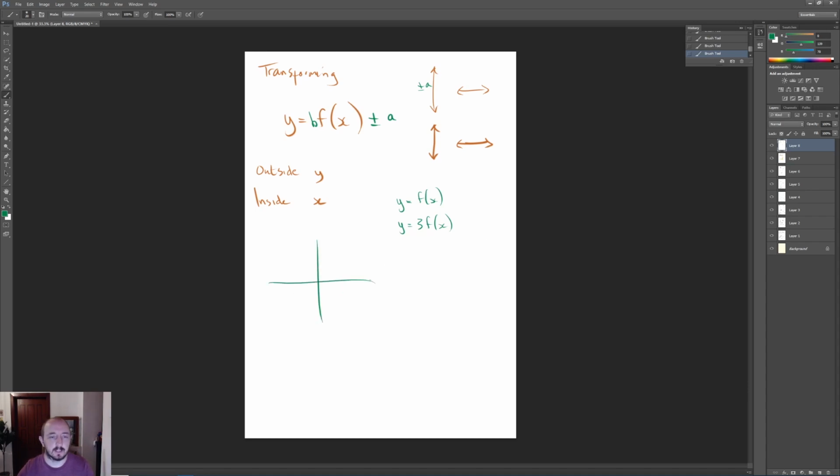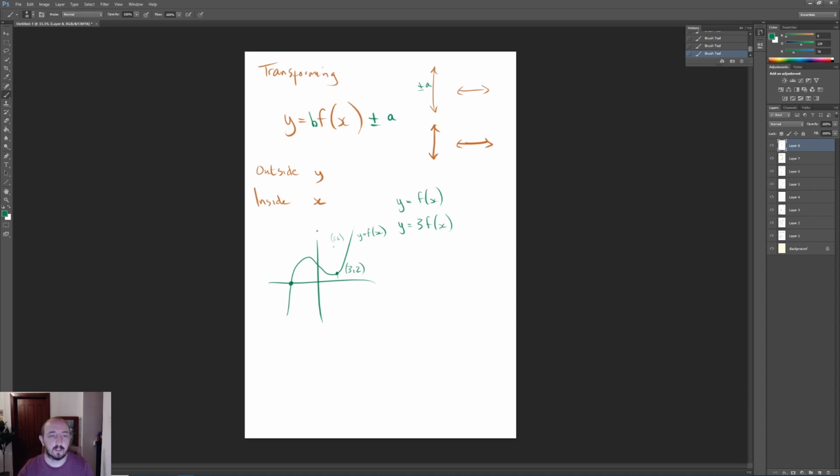So let's just do a strange looking graph here, and this point here is 3, 2. Okay, if this is y equals f of x, then 3f of x, then this y coordinate here will be stretched by a factor of 3, so that would go up to 6 up there, 3, 6. This one here at 0 will stay there because 0 times 3.